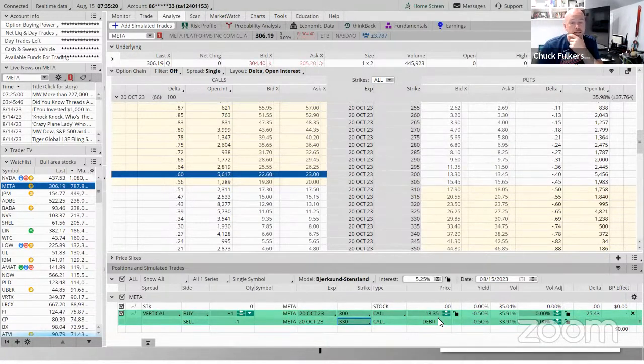That would work, because remember my rules: a delta of at least 25. In this case, our delta is 25.45. Remember, it's the 60 that we are long minus the 34 that we're short. And then my debit is 1335, which is less than 50% of my overall spread. Those are the three things I look at, and so this one would be very effective. I think it would work just fine.